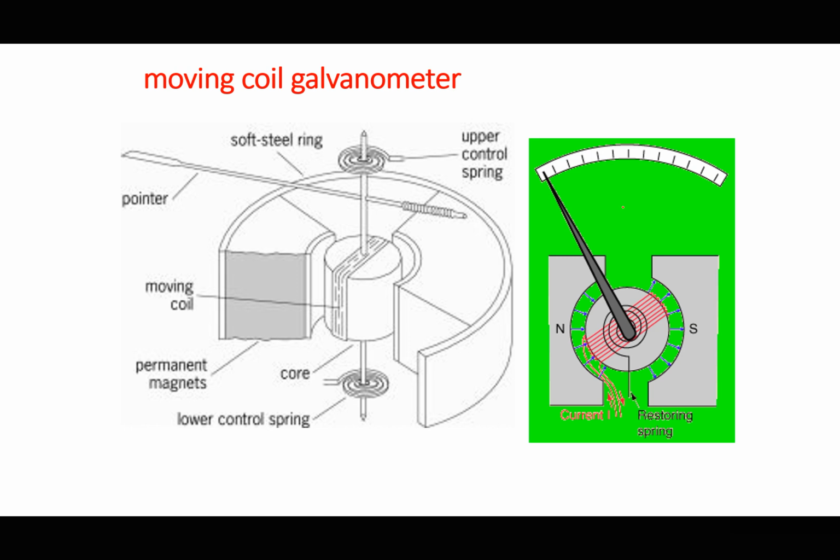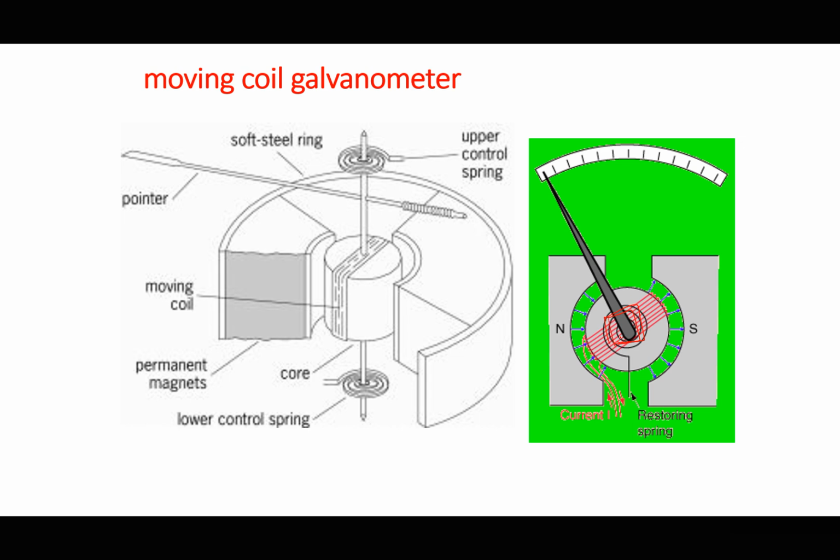And when the current is lost, the pointer immediately moves back to zero. That is for a moving coil galvanometer or an analog meter which uses a pointer. So this pointer here is damped by an electromagnet. That is one application of damping, basically critical damping.